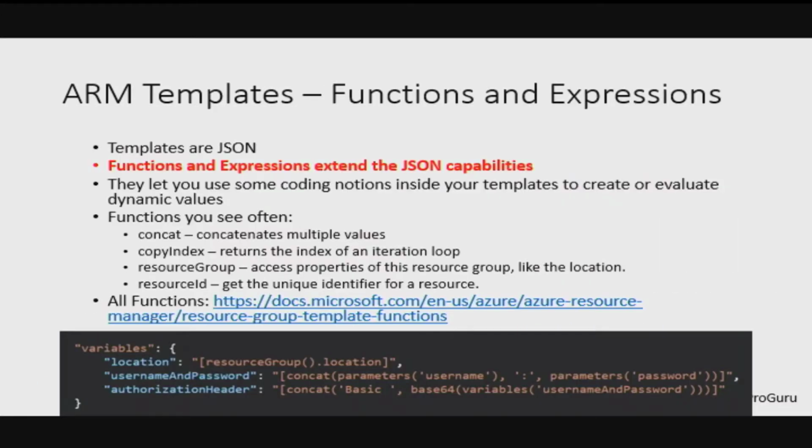ARM templates also support functions. So this is almost like a whole programming language inside of ARM templates, right? So I can do all these kinds of string manipulation things like concat, and I could also do Booleans like first, last. So I can build all this kind of complex logic in here, and I can also get access to the resource group, the resource ID.